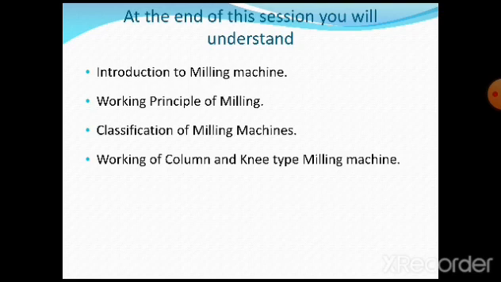The type of cutting tool which we are going to use in a milling machine is called a milling cutter. We also discussed the different types of milling cutters. When we started the discussion of the types of cutting tools, there are two important types: one is the single point cutting tool and the second is the multi-point cutting tool.